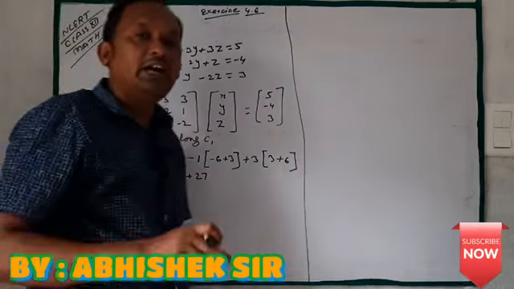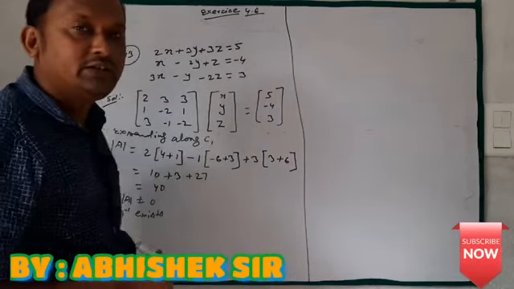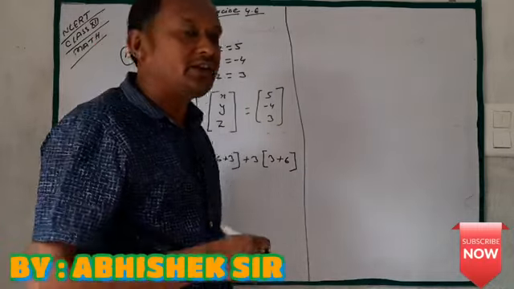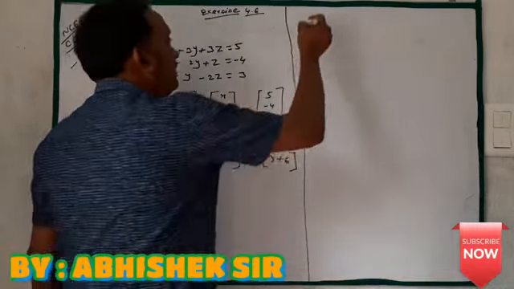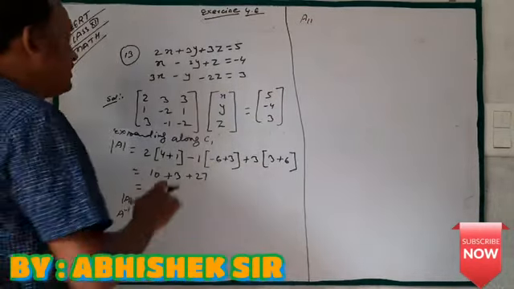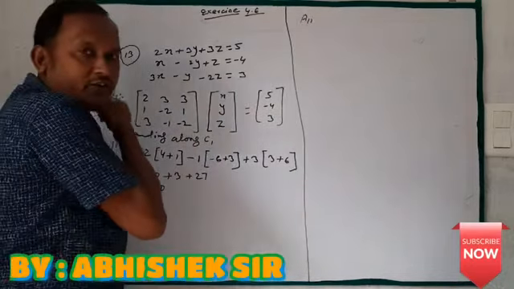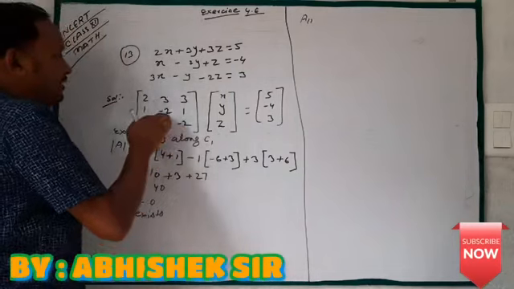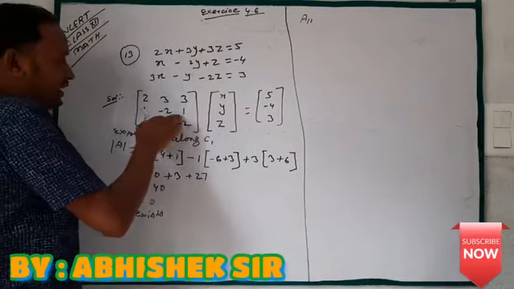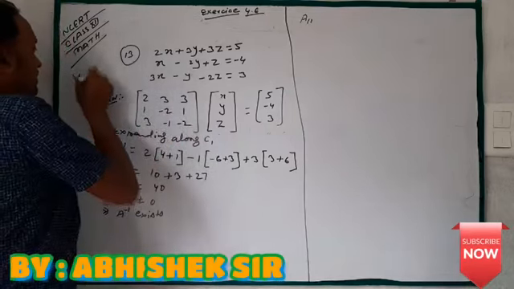Now we have to find adjoint of matrix A. Students, to find adjoint of matrix A, we have to find cofactors. Cofactor A11. What is A11? First row, first column, we have to hide first row first column, 2 times 4, minus 1 is plus, 4 plus 1, 5.